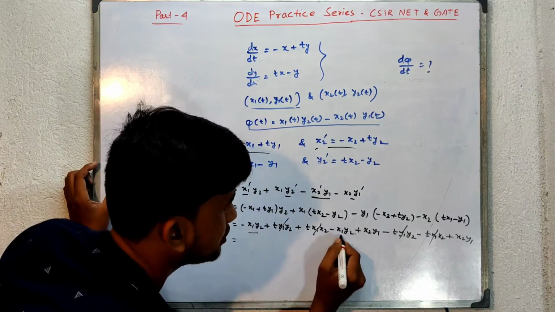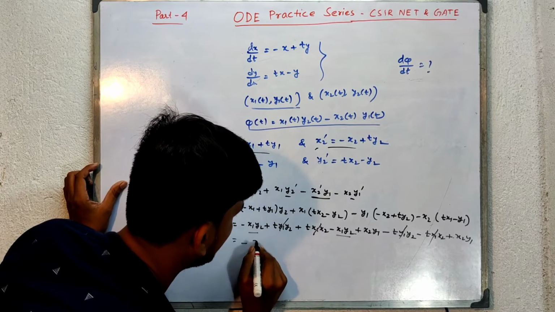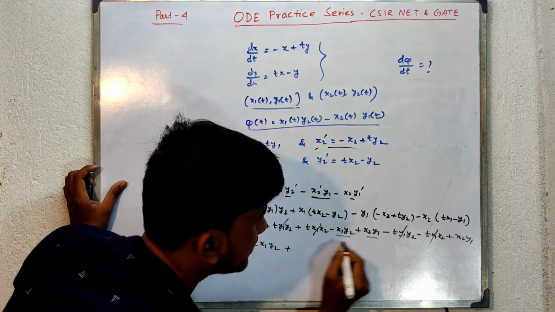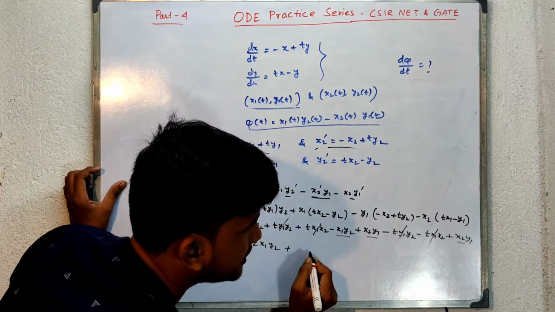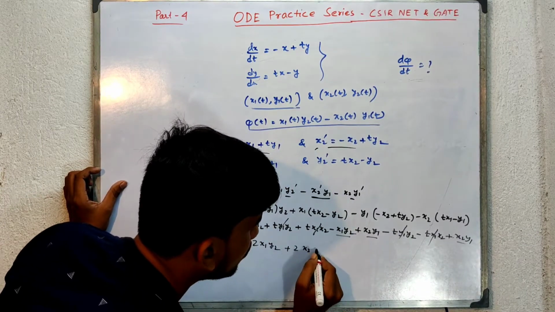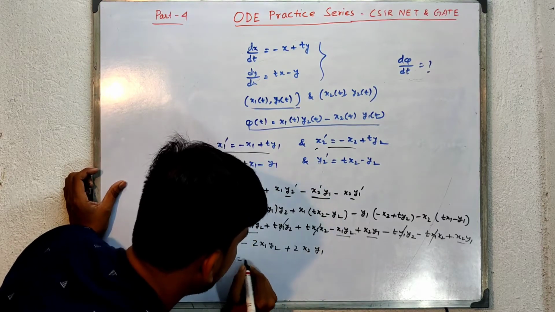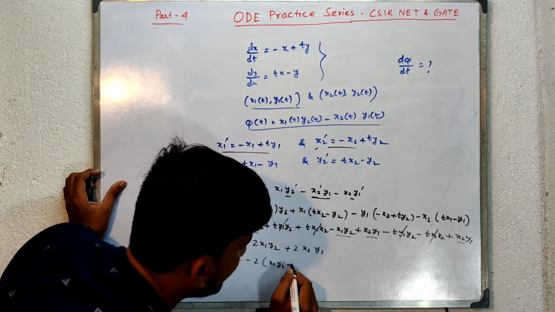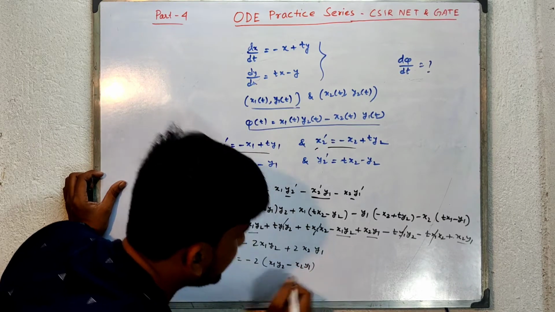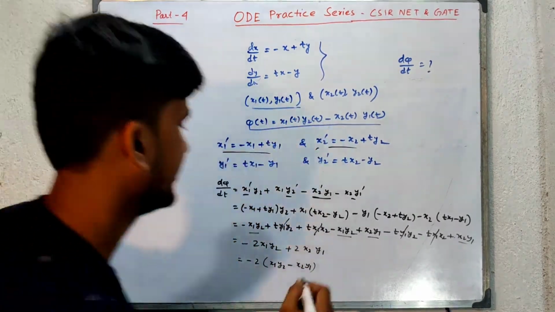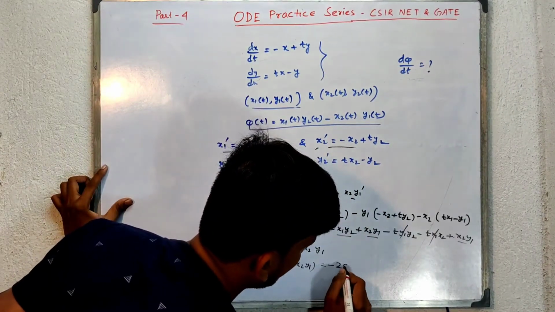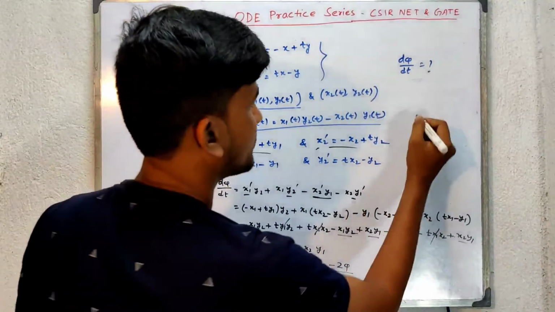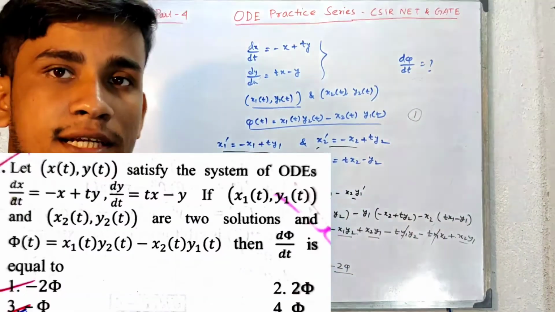Now minus x1 y2 minus x1 y2 gives minus 2 x1 y2, and these two terms give 2 x2 y1. Taking minus 2 common, we get x1 y2 minus x2 y1, and this is the value of phi, so it is equal to minus 2 phi. So minus 2 phi is the clear answer, that means option A is clearly correct here.